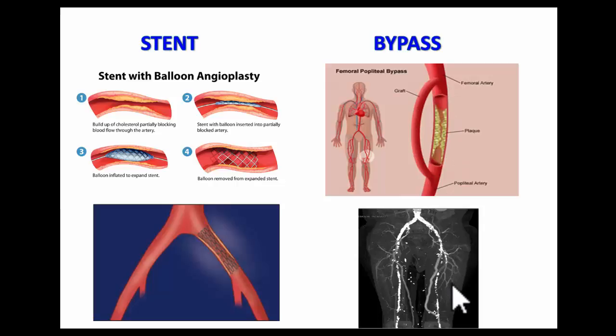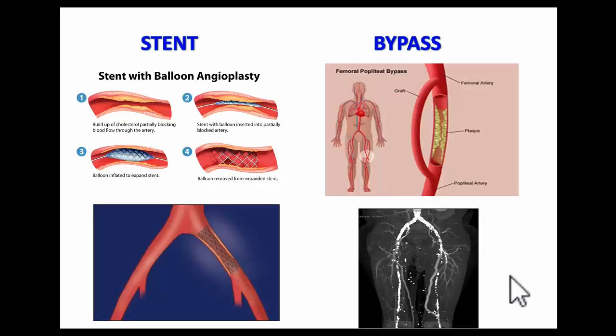In fact, here is a CT angiography showing one such example. Here is a totally occluded native blood vessel, and here we see a beautifully highlighted bypass graft which is improving the blood circulation beyond this area of blockage.